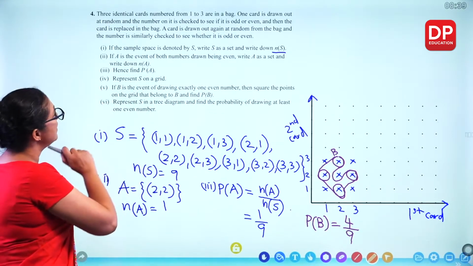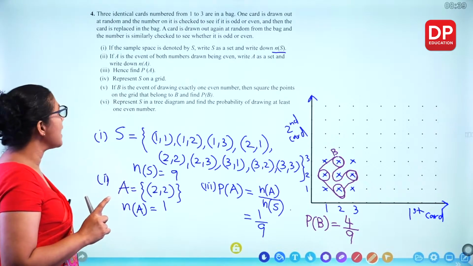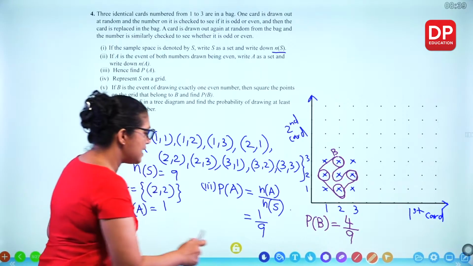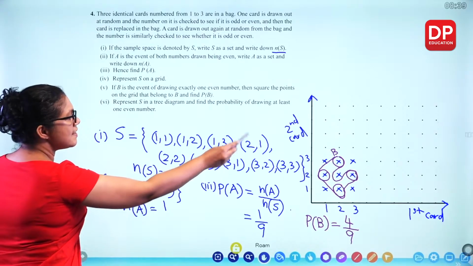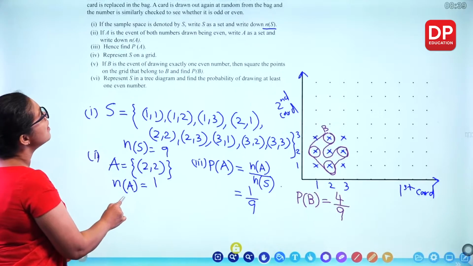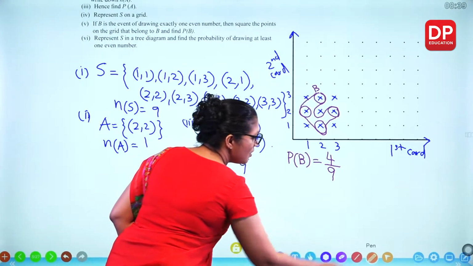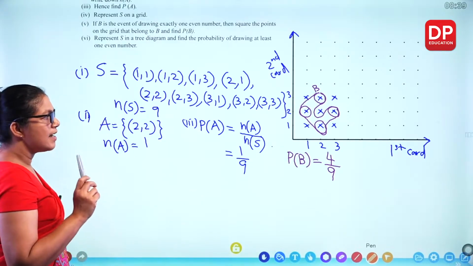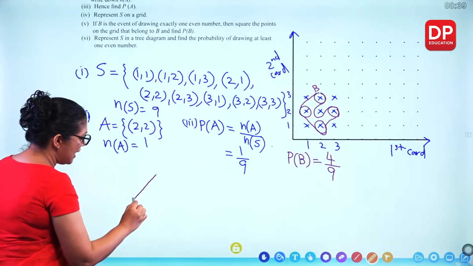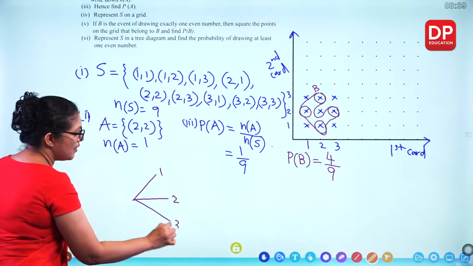Part 6. Represent S in a tree diagram and find the probability of drawing at least one even number. Can you remember we did this in grade 10? This is the sample space grid. Now they are asked to draw a tree diagram. If you take the first card, how many outcomes are there? 3. So we draw 3 branches: 1, 2, 3.